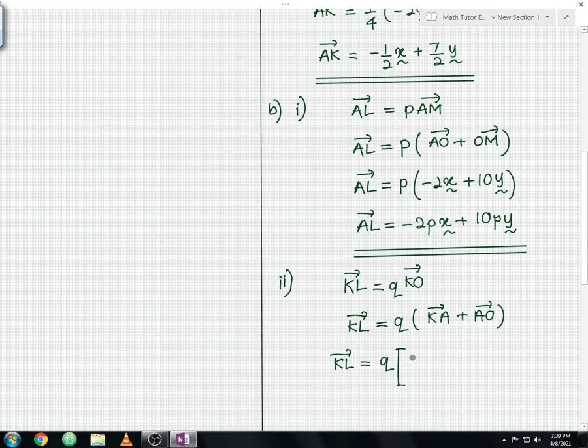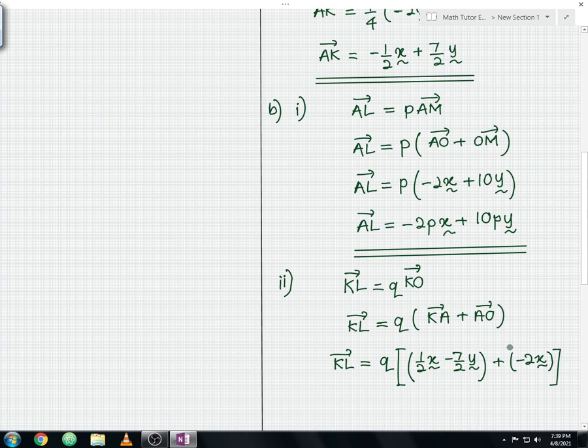Let us write it down. Half x minus 7 over 2 y, close bracket, and then plus the vector AO, in this case negative 2x, close bracket.